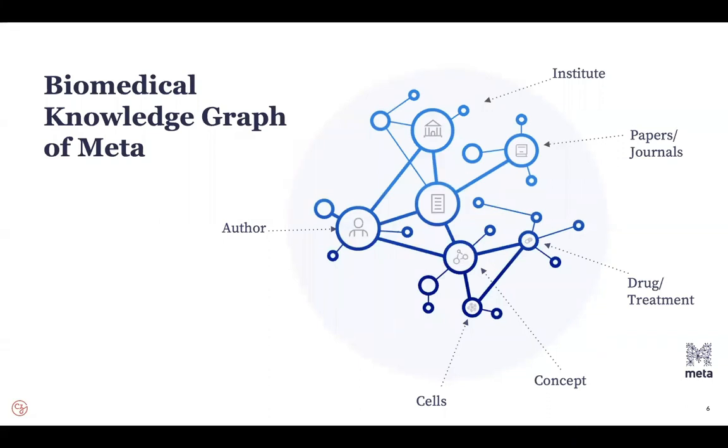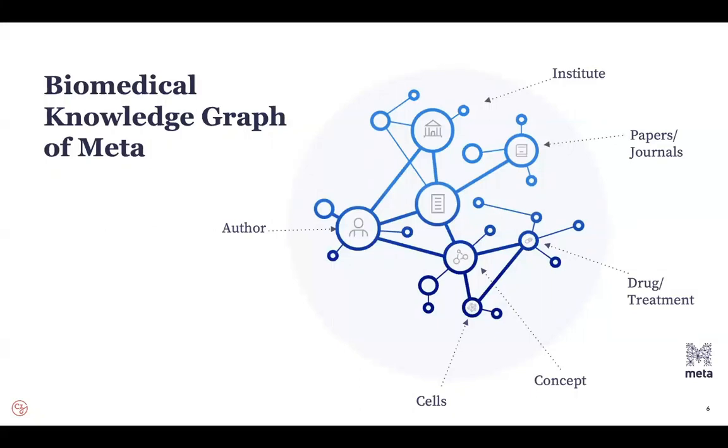Our goal is to ensure that the biomedical research community gets to traverse through this information as needed, so they can discover deep relations between entities without knowing the underneath structure. The knowledge graph we have today has 30 million papers from PubMed and bioRxiv, 39,000 journals, 20 million authors, 430,000 affiliations, and 19 million biomedical concepts.